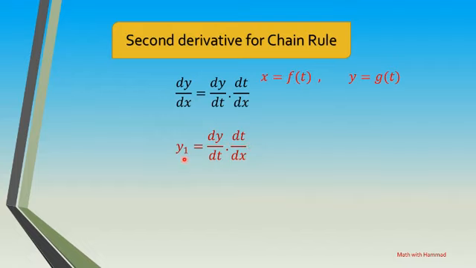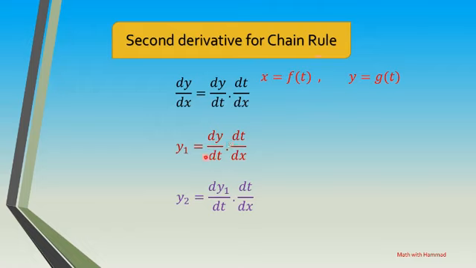But when here is y2, then the right hand side will be dy1. y2 is equal to dy1 over dt into dt by dx. So this is the formula of y2 for this equation. Understand? Again, y1 is equal to dy by dt into dt by dx, as you studied earlier.